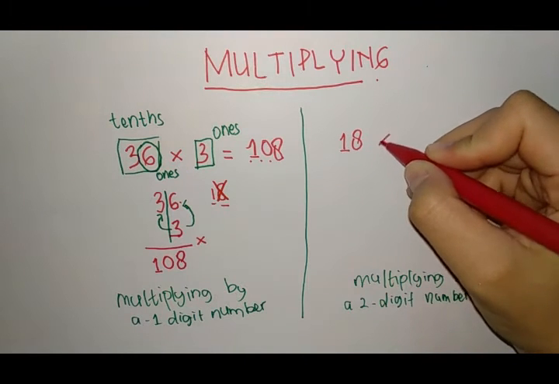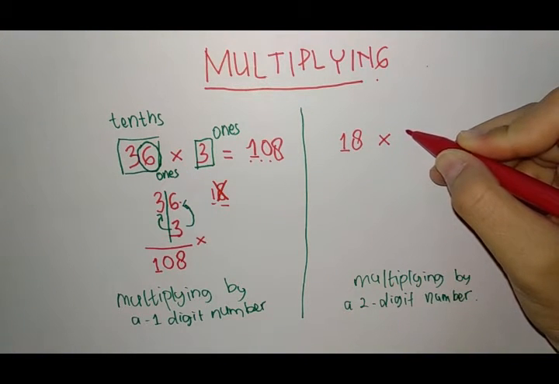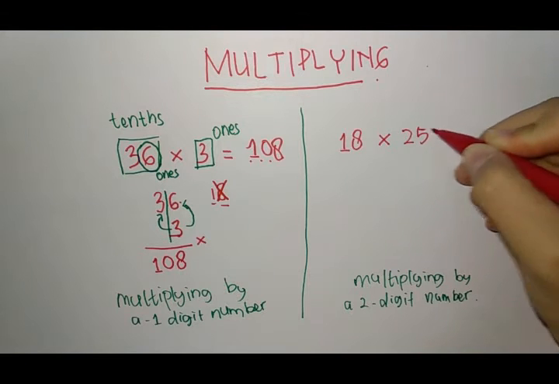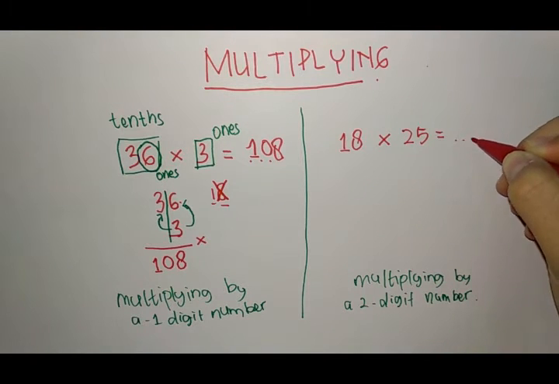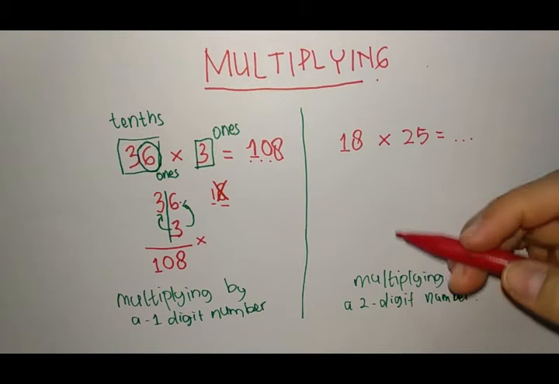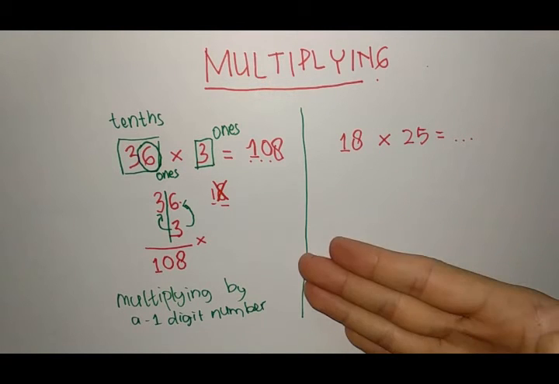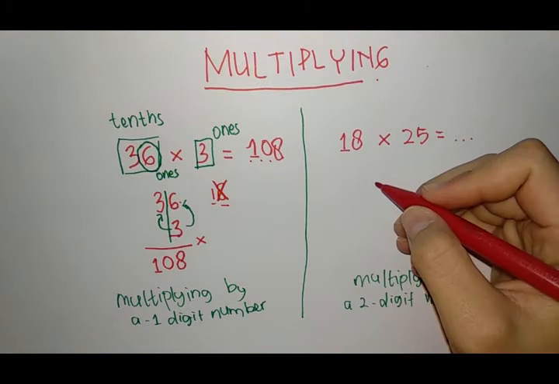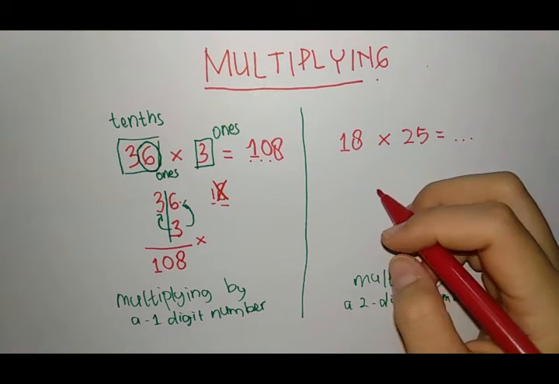18 multiplied by 25 equals. So how do we solve this multiplying by a two-digit number? The steps are the same as multiplying by a one-digit number, but it is a longer way.